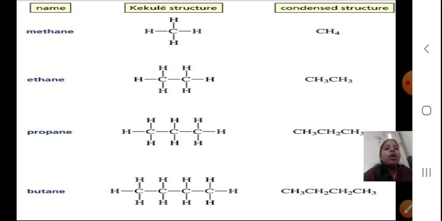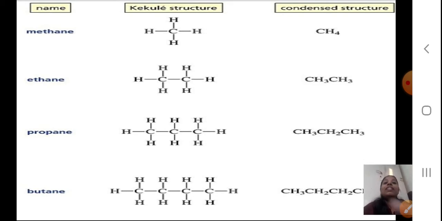In this way all the names are given in your text. All these straight chains of carbon atoms are joined with single bonds, single dash bonds are shown, and you are going to complete that table. Students, I hope you can do it. After this butane you have the next ones in that way, so you are going to complete it.